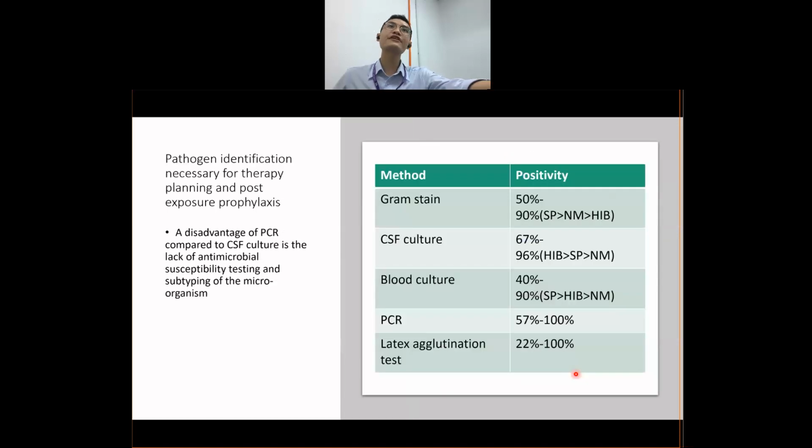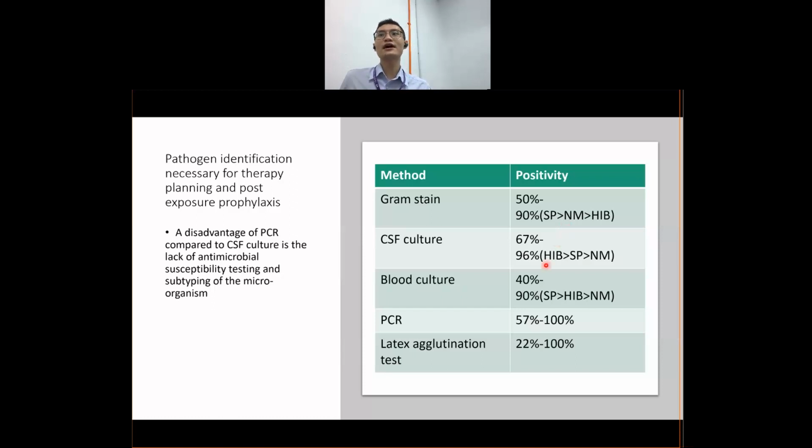Okay, so different methods of CSF examination give different yield. For example, gram stain is only 50% to 90% positivity. Sometimes it also depends on the type of bacteria. Some bacteria are more easily stained than others. The same applies to culture.